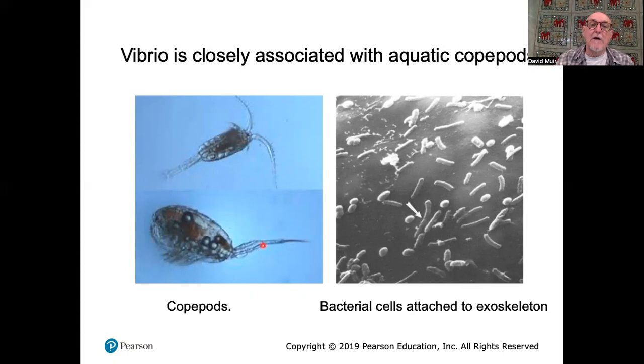And Vibrio cholerae has a propensity for settling around the mouth parts, especially. Obviously the crustacea have an exoskeleton of chitin. Here's a picture of Vibrio cholerae cells attached to the exoskeleton.